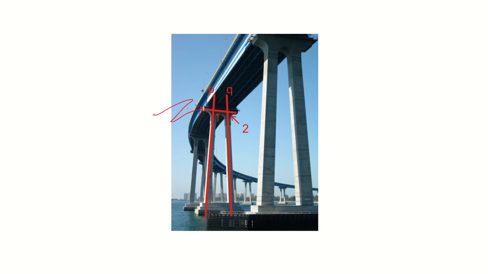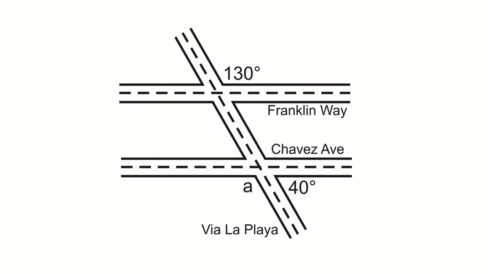So the transversal is this portion, and then you have the two lines. Roads, yes, that's true. These are the two lines from a while ago. Then finally, the one that crosses both would be a transversal.